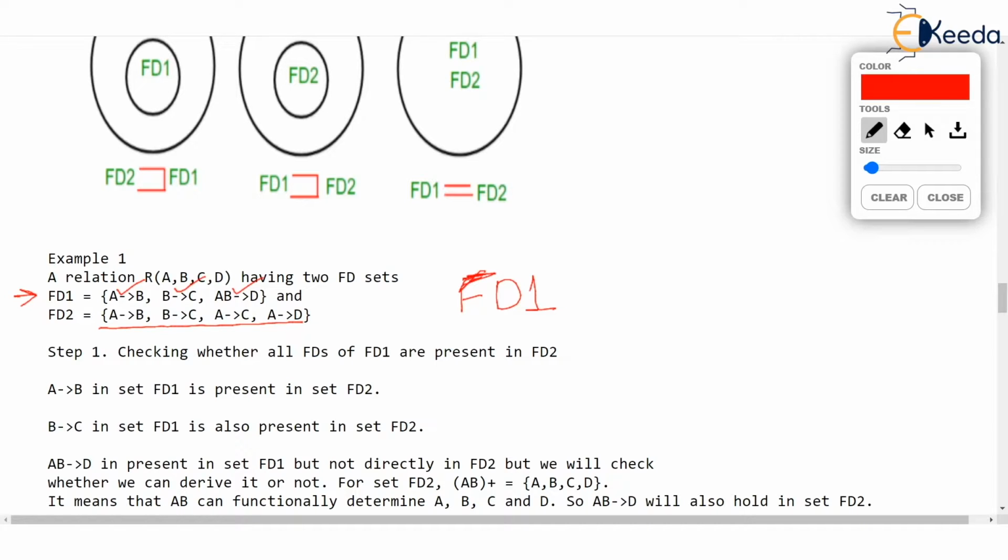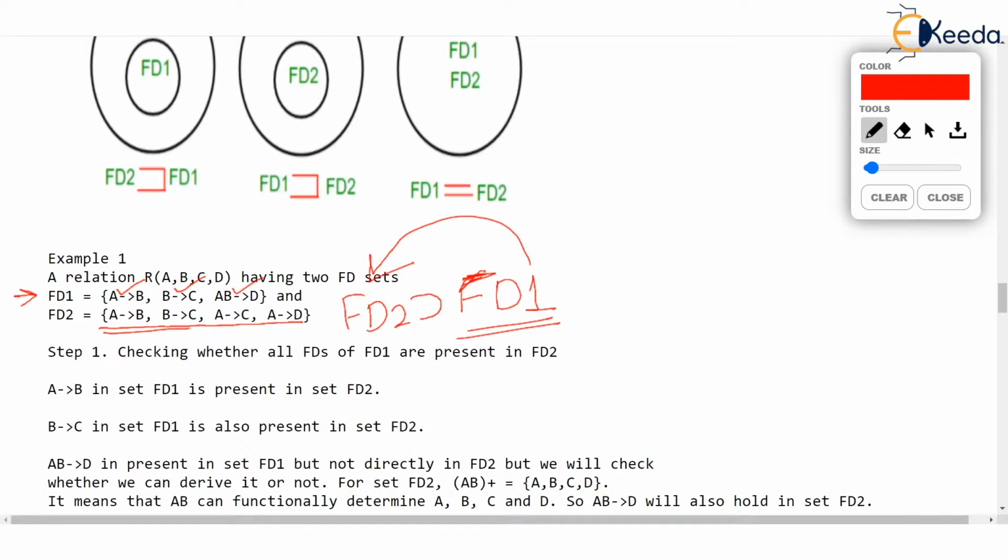FD2 covers FD1 because FD2 can derive all the functional dependencies of FD1. We indicate this as FD2 covers FD1. I mean, whatever is there in FD1 is already there in FD2, either directly or indirectly.